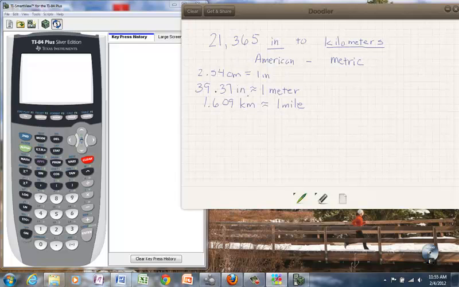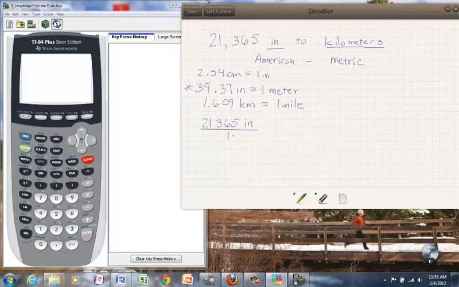Now any one of these will work. Depending on which one you pick, you might have to do more converting than if somebody picked a different one. I'm actually going to pick this one because it seems to get inches to something bigger. So here's our starting fact. I'm going to make that into a fraction.